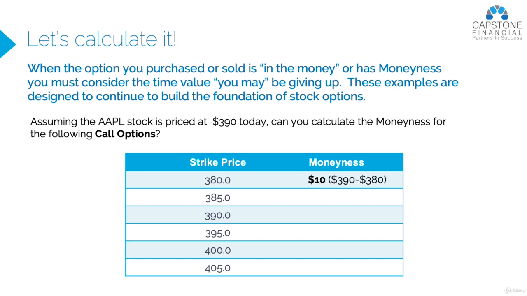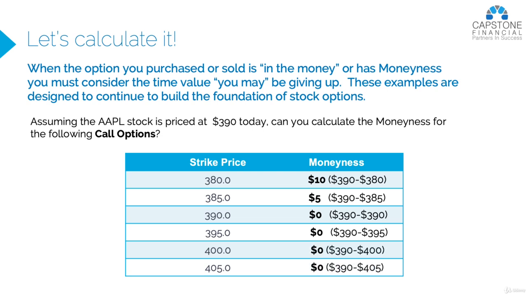The moneyness for the first example is $10. As we can see, the difference between $390 versus $380 is $10. We can go through the different examples and see that the moneyness, or in the money, changes based on what the stock price is currently trading at in the market versus what you actually selected as your strike price.